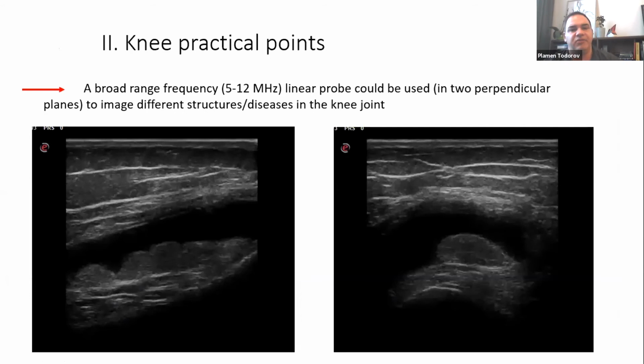On practical points, a broad-range frequency linear probe could be used, and like for all joints, we need to assess in two perpendicular planes, the longitudinal plane and the transverse plane, to image different structures and different diseases in the knee joint.